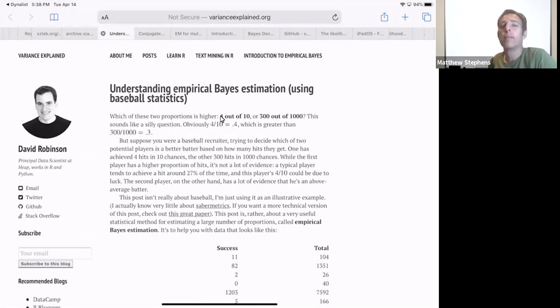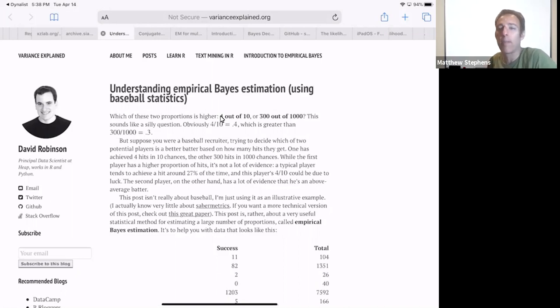The basic way that people measure how good a baseball player is in terms of their batting performance, at least, is what proportion of the times that they are at bat.